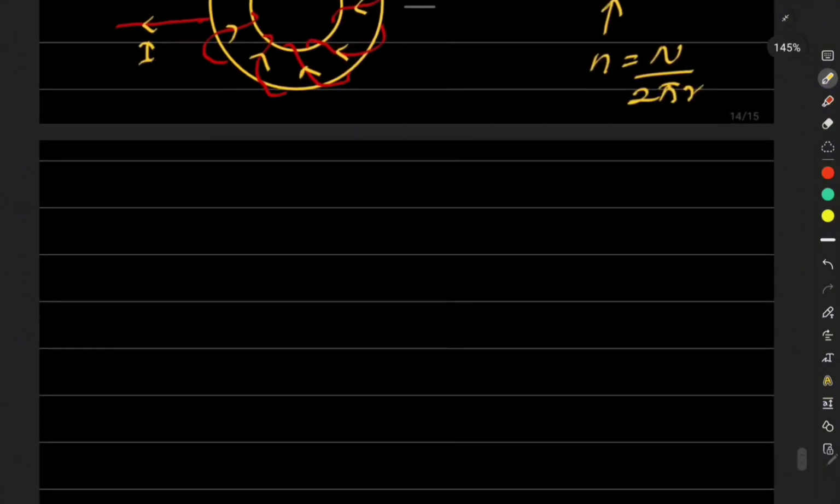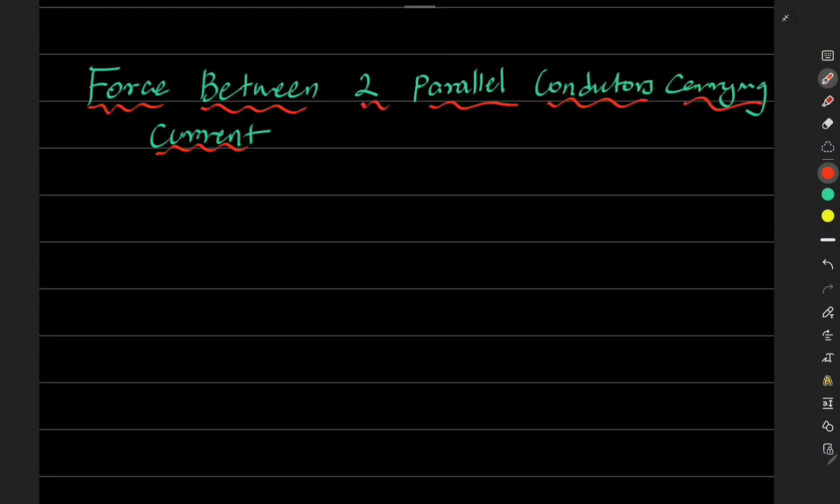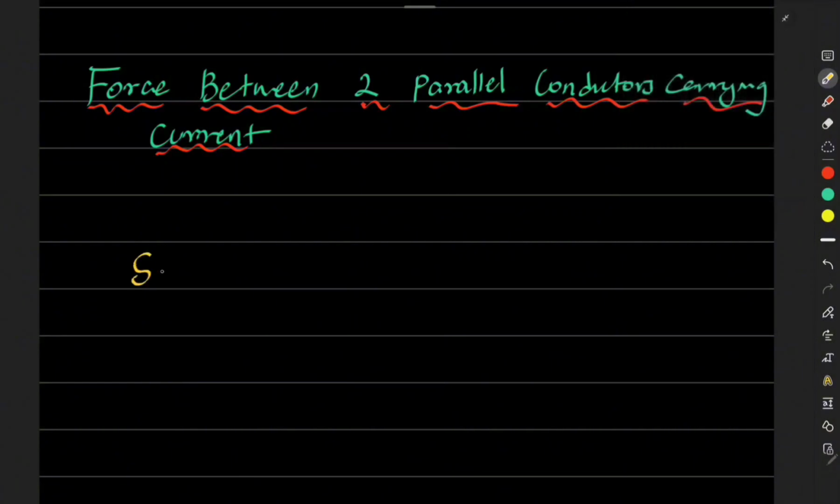Now let's discuss forces between two parallel conductors carrying current. We can consider two situations: two parallel conductors carrying current in the same direction, and then the opposite direction.